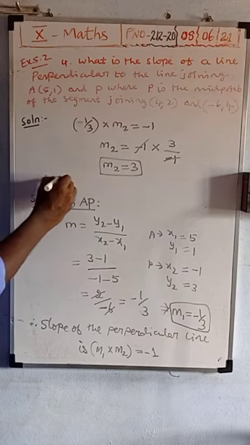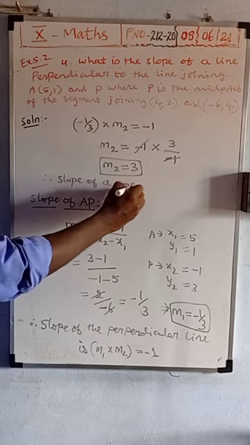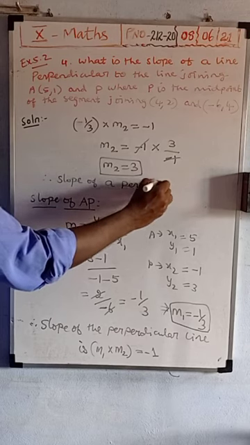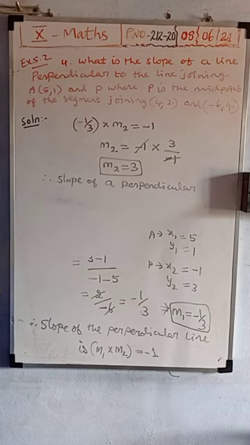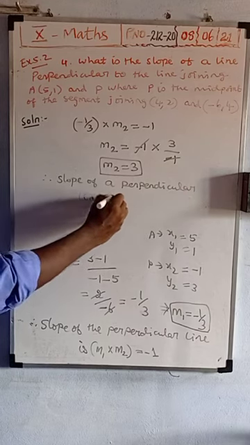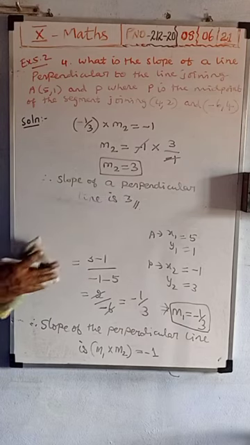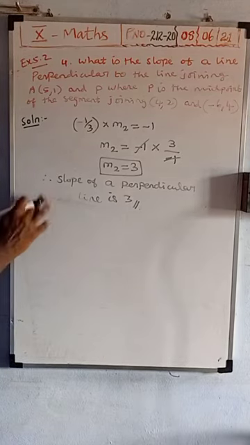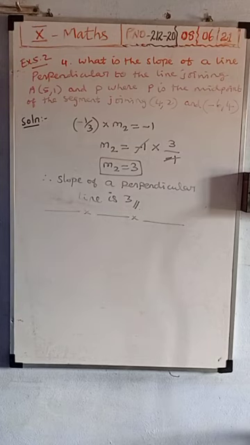Therefore the slope of a perpendicular line is 3. In this perpendicular line slope is 3. So that's the answer. So the product of slopes equal to -1. Use that condition, then only we will receive the perpendicular line slope.